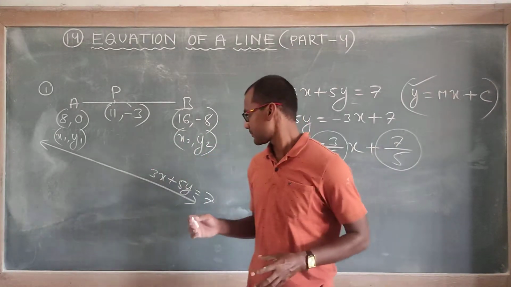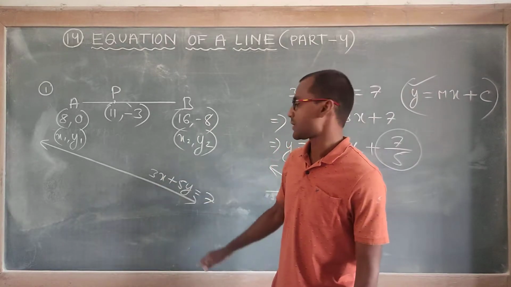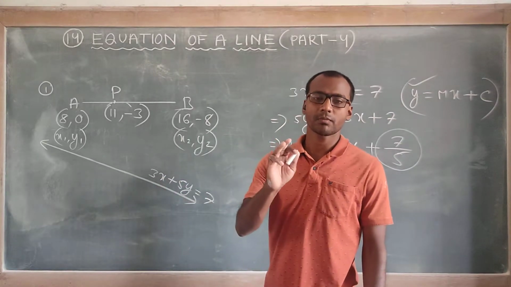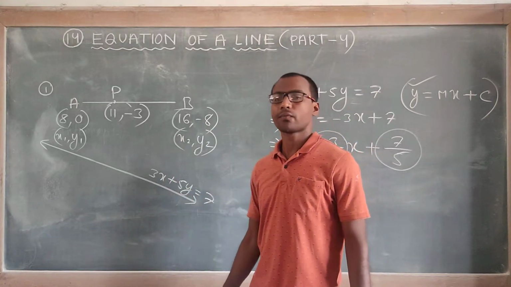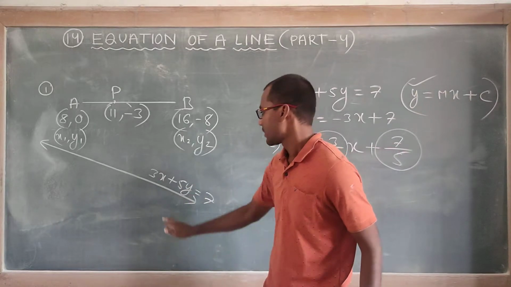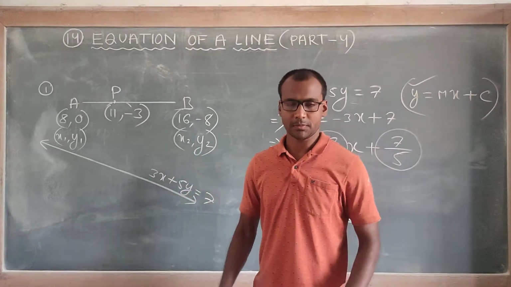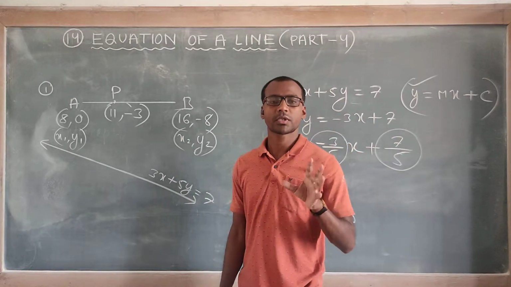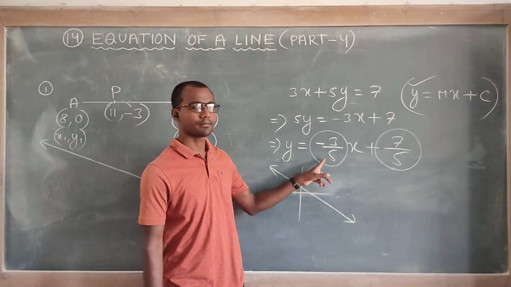But remember a very simple trick. If the equation is in this standard form, means ax plus by plus c equal 0 form, then simply see the coefficients of x and y. Both are positive or both are negative, then the slope will be negative.